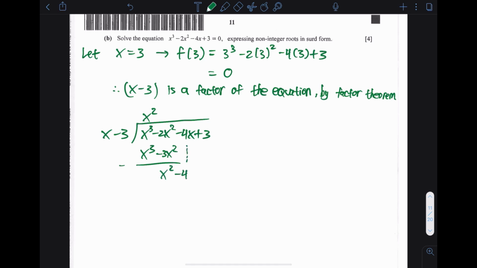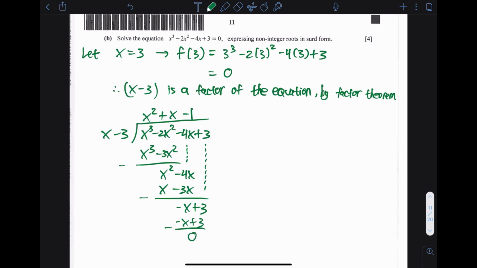Bring down the negative 4x, so the next term is x itself. X times x is this, negative 3 times x is this, minus them again, you'll get negative x. Finally, bring down the 3. That means I'll consider negative 1, giving us negative x plus 3 as well.